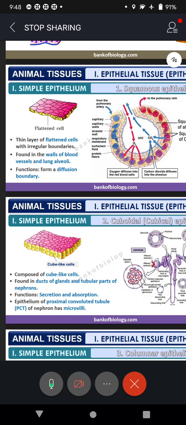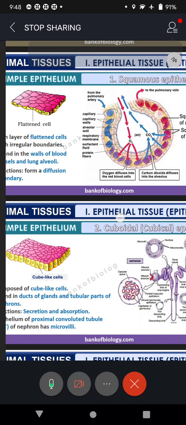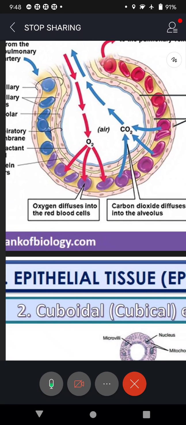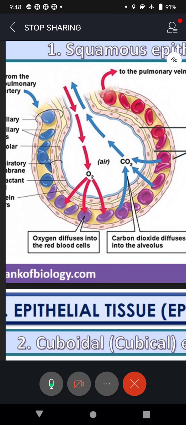What is the function? Diffusion. So they help in diffusion. Having present in the blood vessels and alveoli, they help in diffusion. Look at that. Oxygen coming inside, carbon dioxide going outside. So this is how they are helping in the process of diffusion.